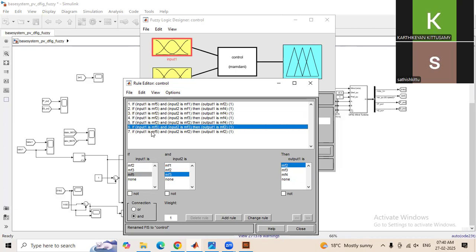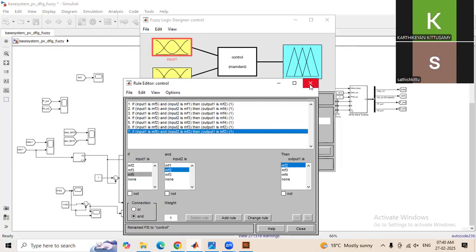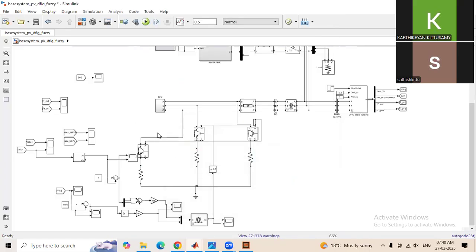According to these rules, the output will be generated, and according to the output, the crowbar switches will operate. This will offer protection to the components until the circuit breakers start to operate, and the particular region is shut down.